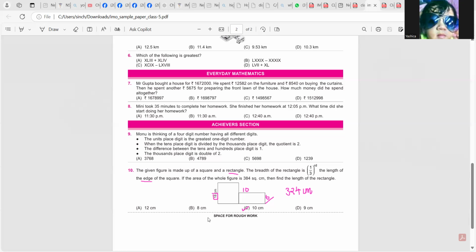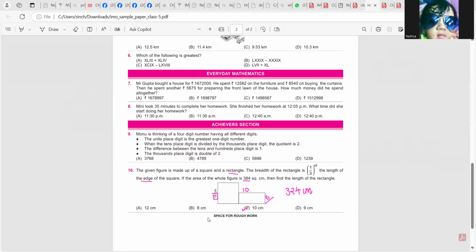Now the area of the whole figure is 384 square centimeter. 384 square centimeter minus 324 square centimeter is equal to 60 square centimeter. Now the area of the rectangle is 60 square centimeter.